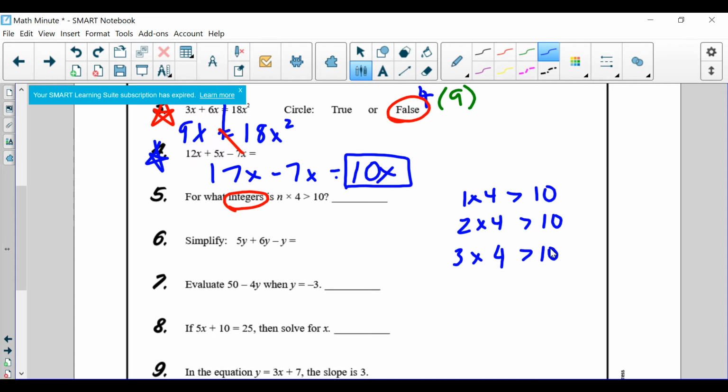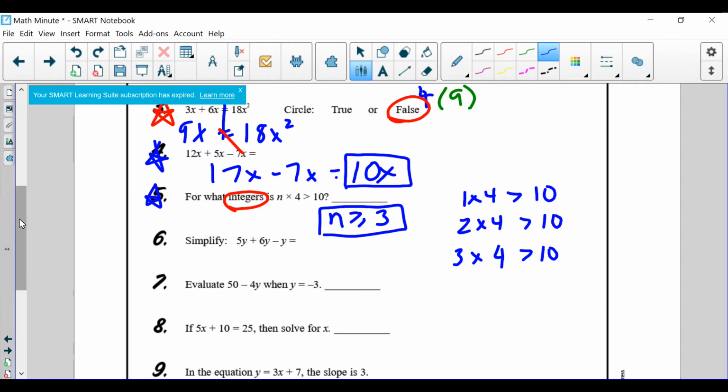So we're going to say it works for as long as n is greater than or equal to 3. Then we know it is possible. Now you could have probably written down 3, 4, 5, 6, and so on, and that also counts as a correct answer. Give yourself a star if you got any of those answers. Or if you were really great and wrote down the inequality, that's even better.